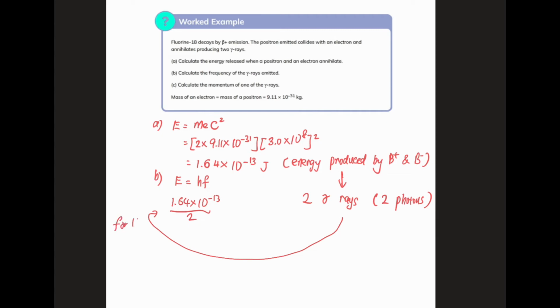Okay, for 1 gamma, then the Planck constant is 6.63 times 10 to the power of negative 34, multiplied with the f, and then we find the f, so divide by 6.63.